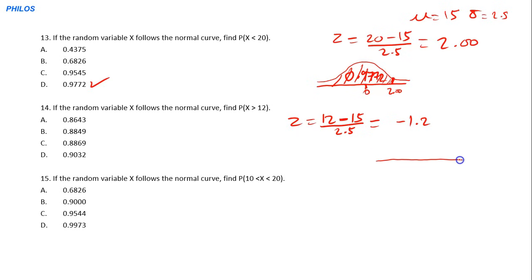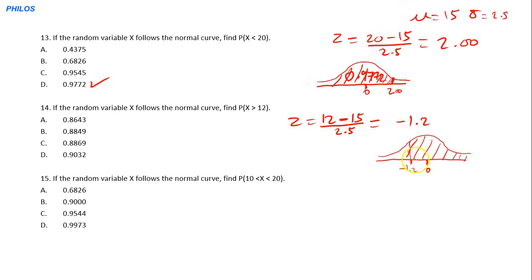So if we sketch a curve, if 0 is here, negative 1.2, let's say it's somewhere here. The question says greater than 12. It means greater than negative 1.2. So this area is greater and this area is less. So we need this area according to the question.